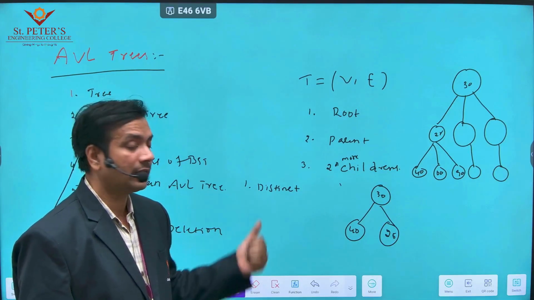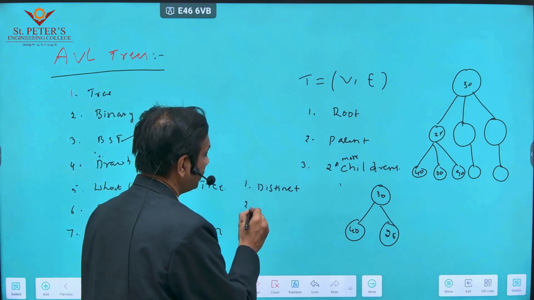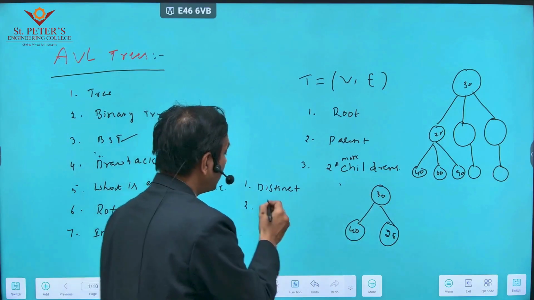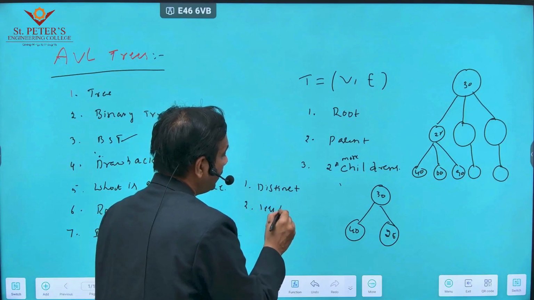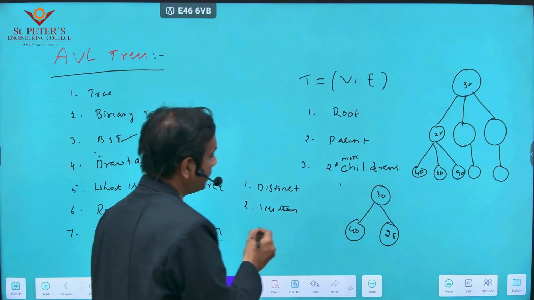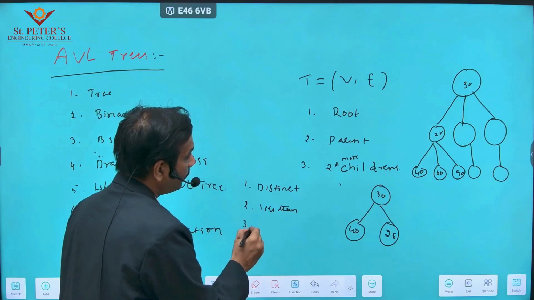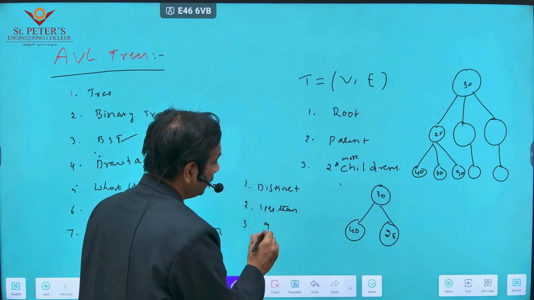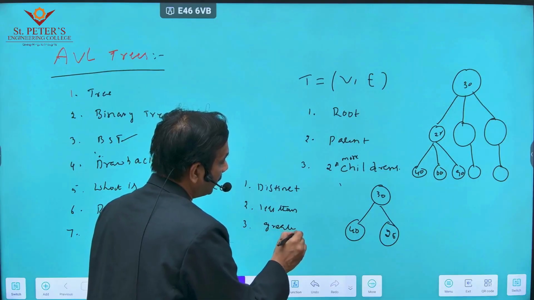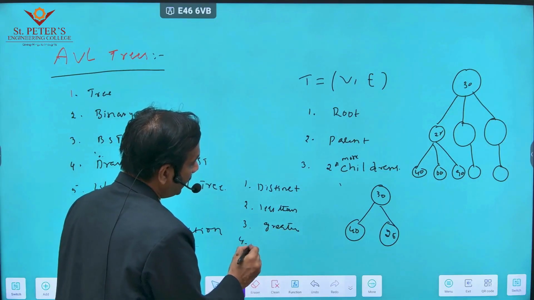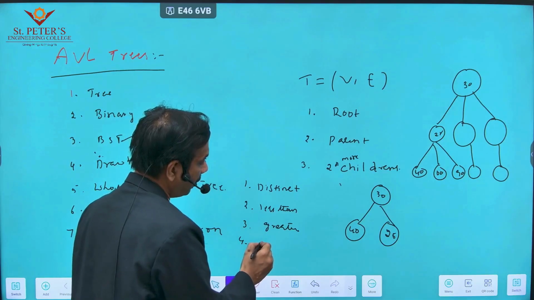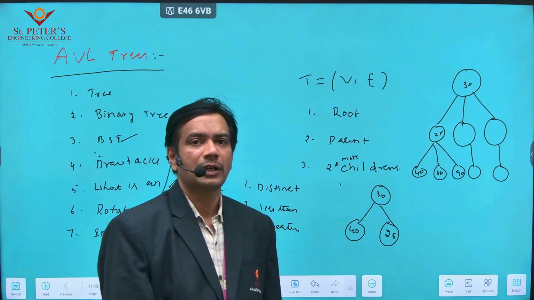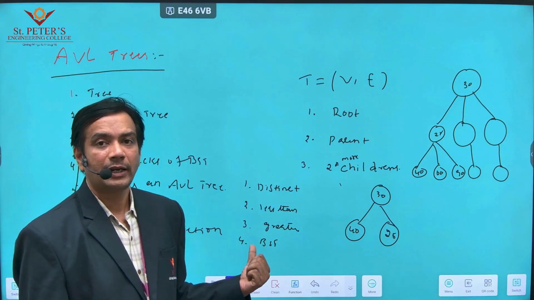Second, the elements in the left subtree are less than the root element. Third, the elements in the right subtree are greater than the root element. Fourth, the left and right subtrees are also binary search trees. So these are the four properties satisfied by a binary search tree.